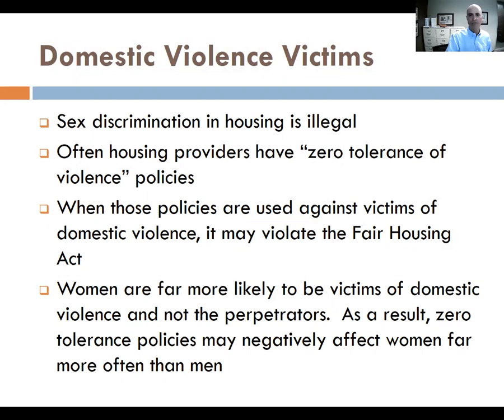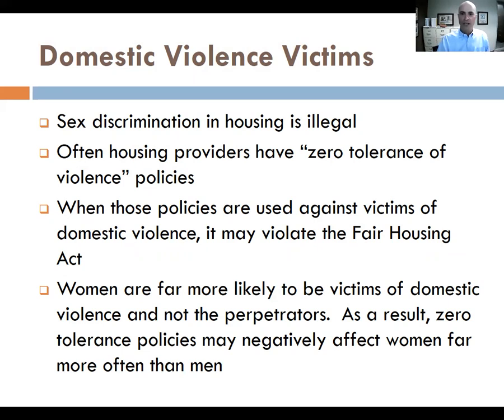Another area that is the subject of its own discussion is domestic violence victims. You may have heard of the Violence Against Women Act, which is a federal law. It applies to all except for conventional housing. Even though the name says Violence Against Women Act, it applies to both genders.